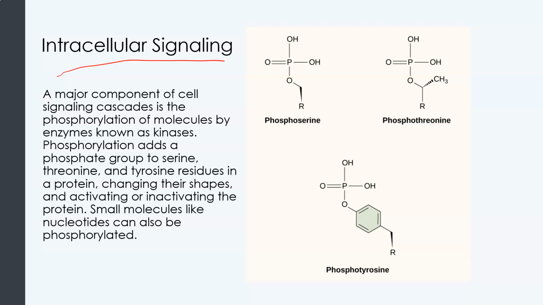Small molecules like nucleotides can also be phosphorylated, like adenosine is phosphorylated to make ADP and ATP, and guanosine is phosphorylated to make GDP and GTP.